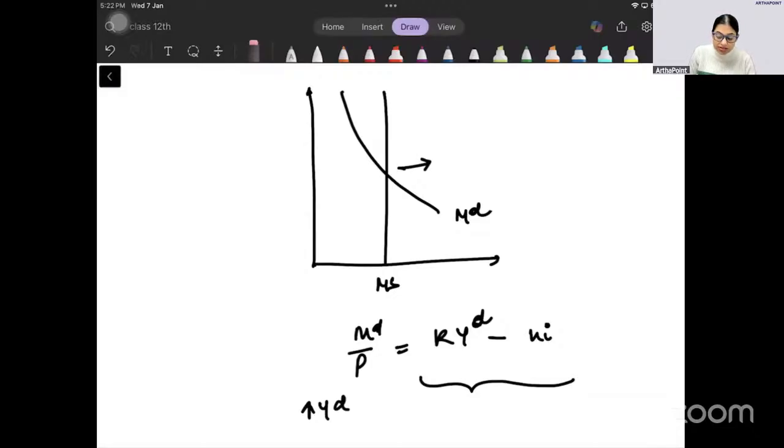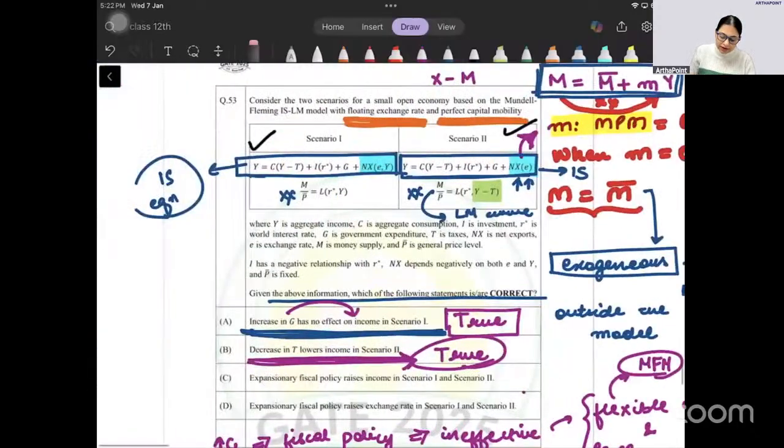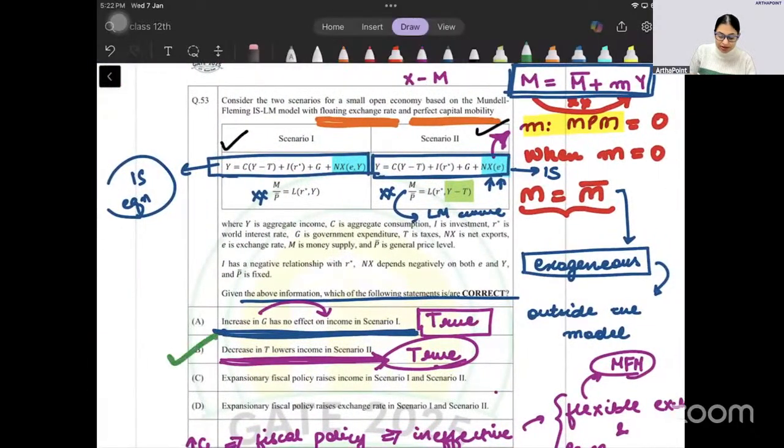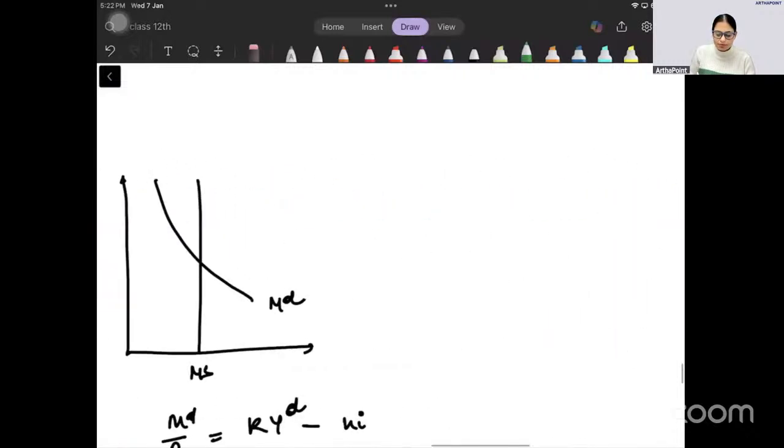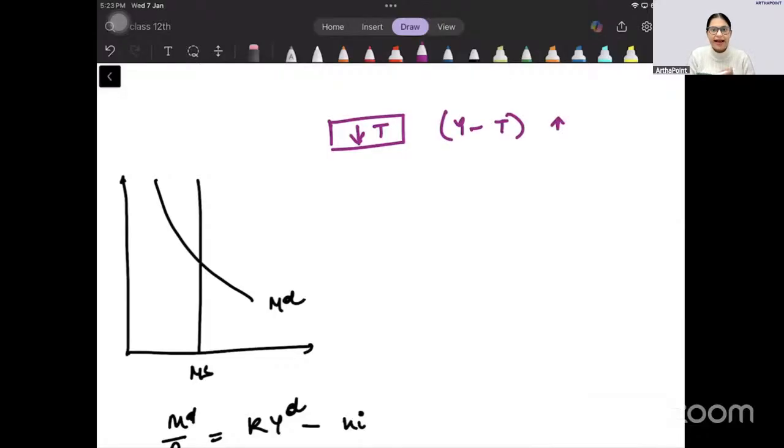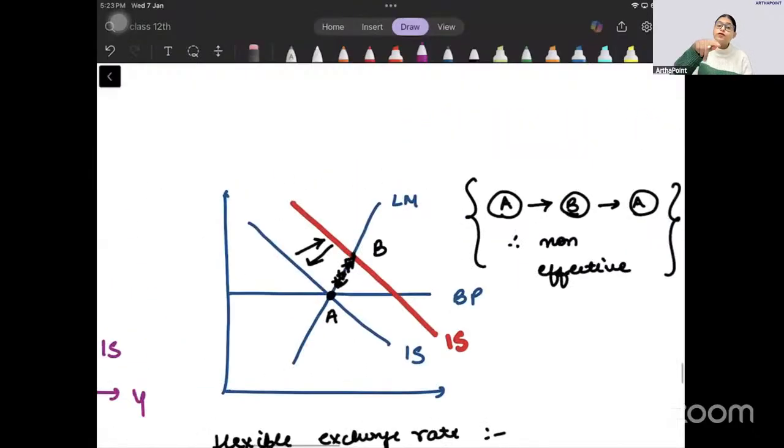So now in this case, when we notice that there is going to be a decrease in tax, it means your disposable income will increase. Tax is decreasing, disposable income is increasing. Demand of money will increase. So the LM curve will also shift to the right.